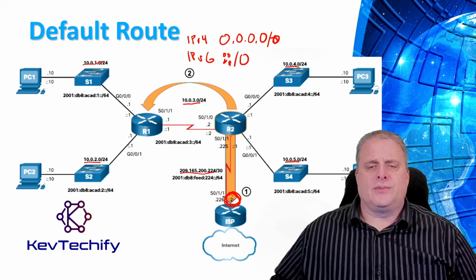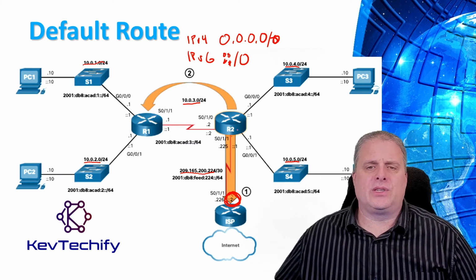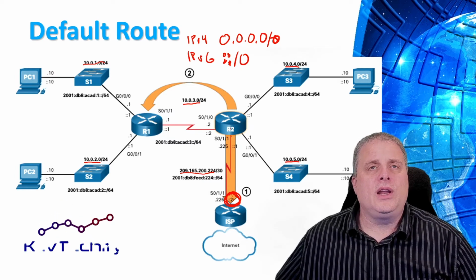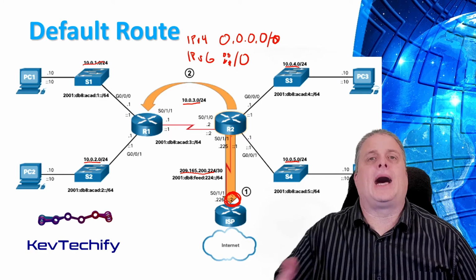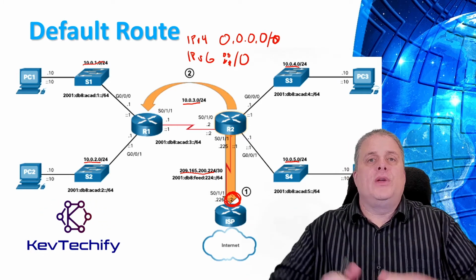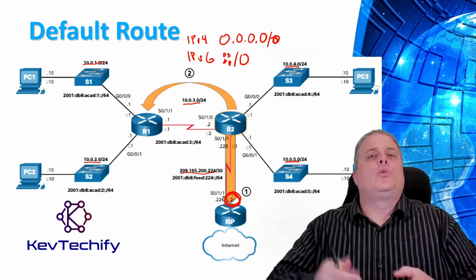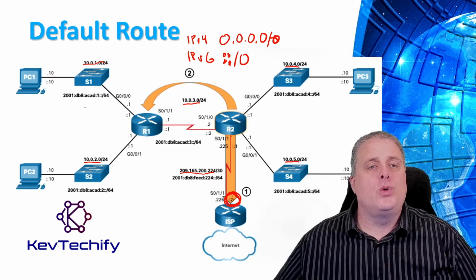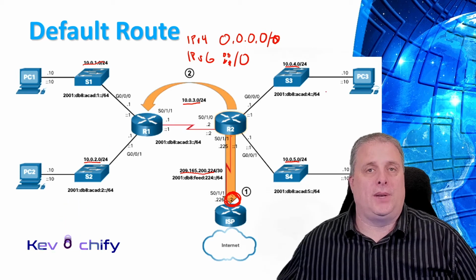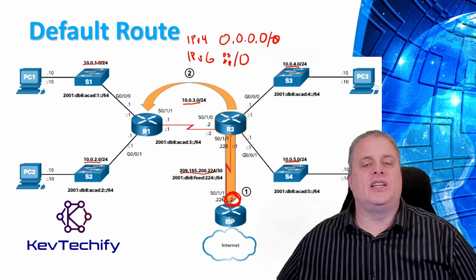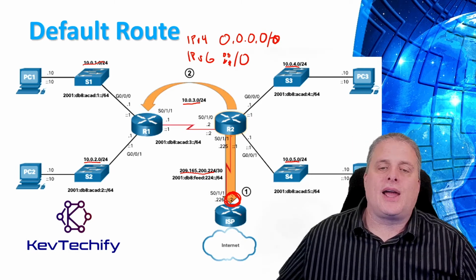The reason for this is, if you're sending information to a server somewhere on the internet, you don't want to keep track of all those routes on the internet. That's a lot of RAM. That's really expensive equipment to keep track of every single route on the internet. You just want to keep track of the routes that you are routing internally in your company. If it's not an internal network, we're going to send it to the default route, which is typically your ISP.